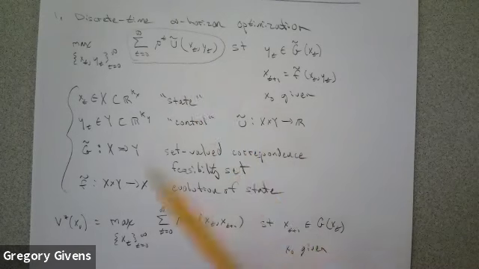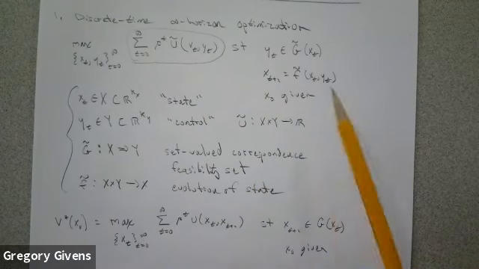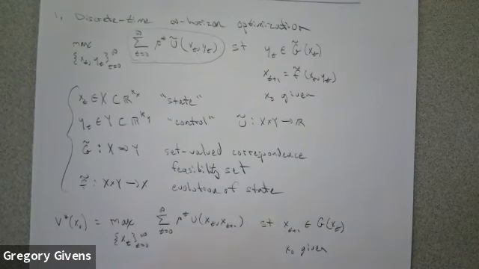What you're going to get is some new transformed payoff function that's a function of xt and xt plus 1, and the control yt has been taken out of the problem. Okay, here I'm going to let xt, of course, be an element of the space big X, which I'm just going to say is a subset of Rk. So I'm going to get rid of the kx index and just say k is some integer.